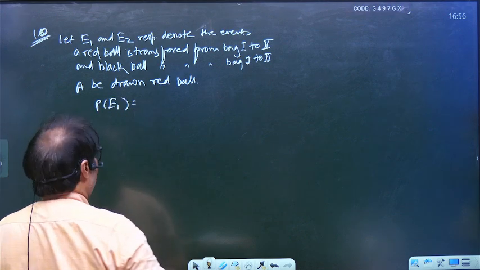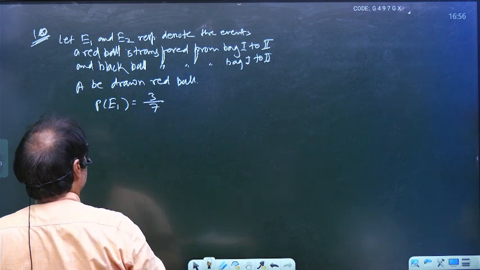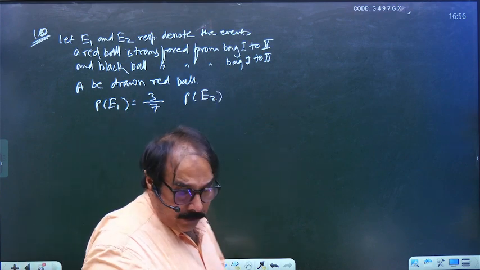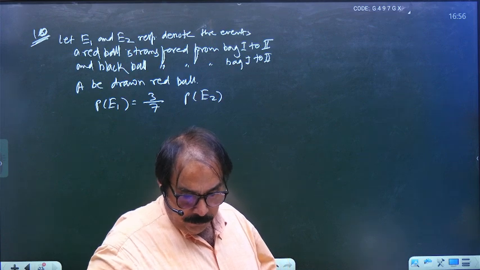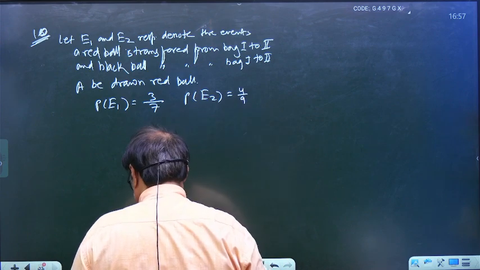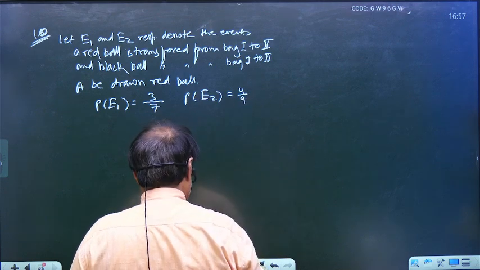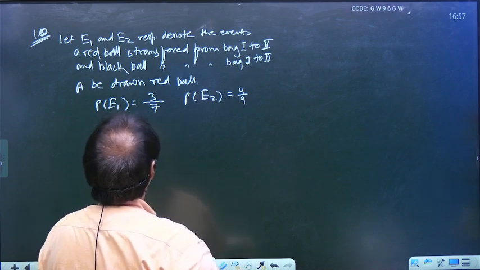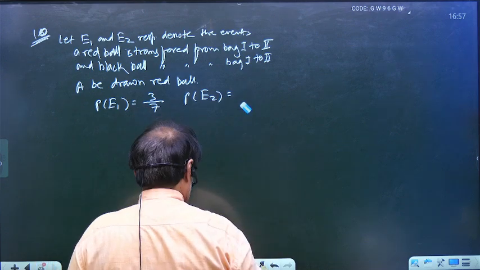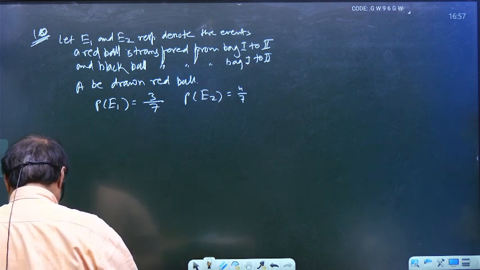So probability of E1: there are 3 red balls out of 7, so 3 by 7. And probability of E2: the black ball is 4 by 7, because there are 4 black balls.